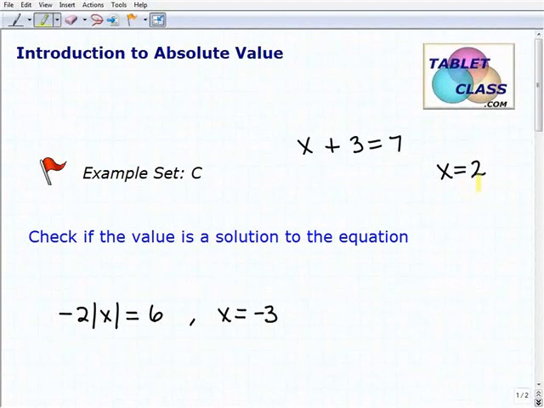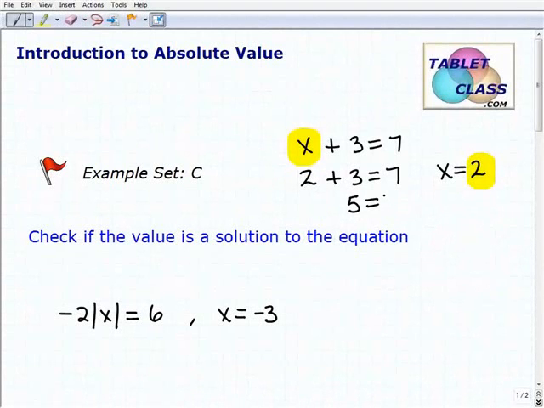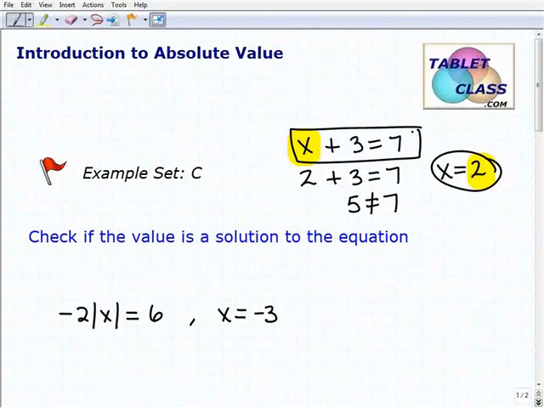Basically, you take this value, x equals 2, and replace that x with 2, and we see if the left-hand side is equal to the right-hand side, if this equation balances. So you can see here that we have 2 plus 3, that's 5, and we know that 5 is not equal to 7, therefore x equals 2 is not a solution to this equation. That's the way you check to see if a value is a solution to any equation in mathematics.